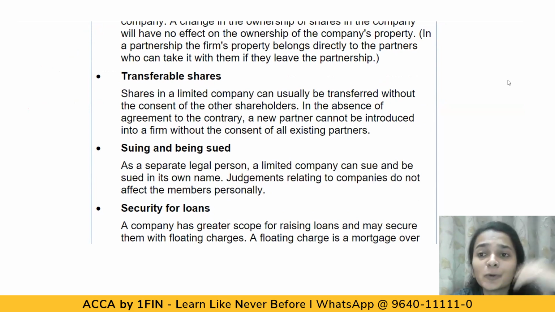I do not have to seek permission from the other shareholders before I'm transferring the shares. However, when we talk of a partnership, if I'm a partner in a partnership firm and I want to transfer my share in the partnership to someone else, I cannot do that unless and until I've obtained consent of all the other partners.